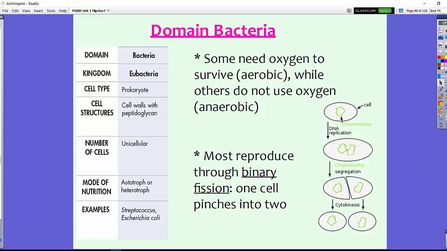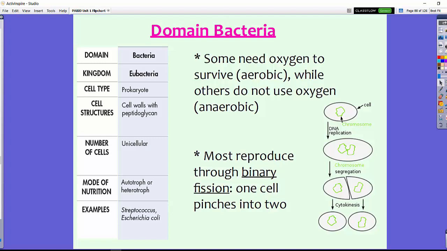A lot of these bacteria need oxygen to survive, yet some of them do not use oxygen to survive. So some of them are aerobic, meaning they need the oxygen, and some of them are anaerobic, meaning they don't need the oxygen.